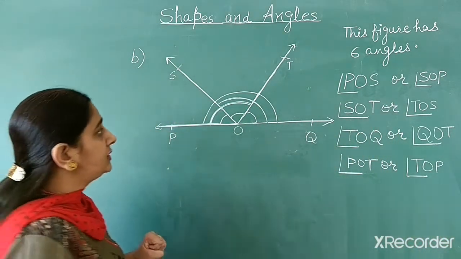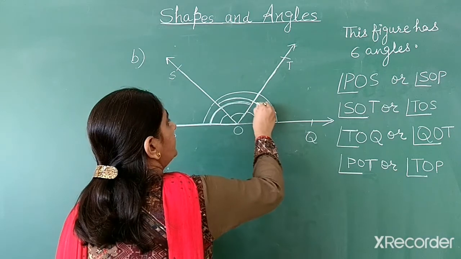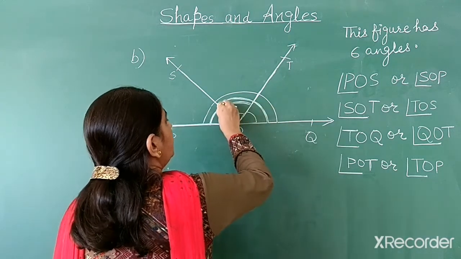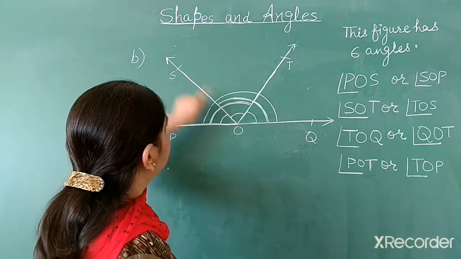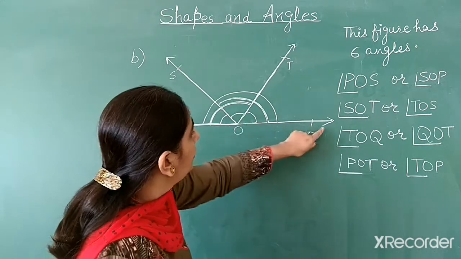Now look for the fifth angle. This is our fifth angle, children. It is made by two different rays, OS and OQ.